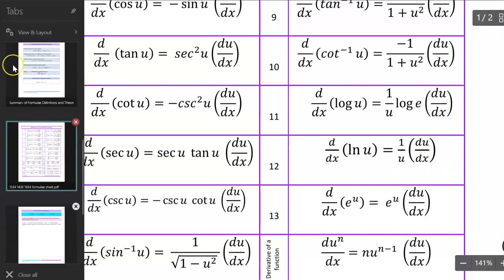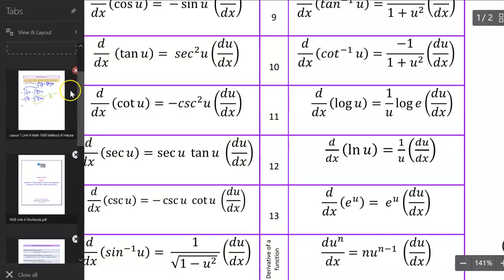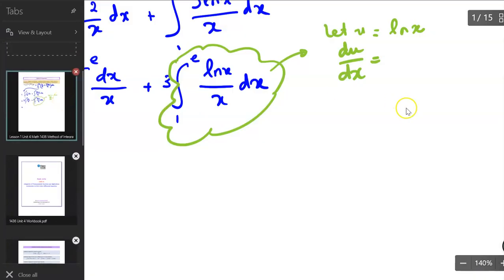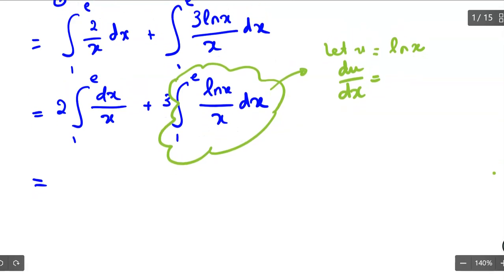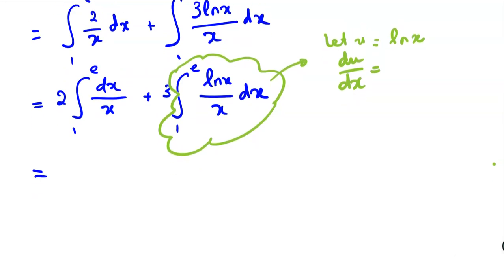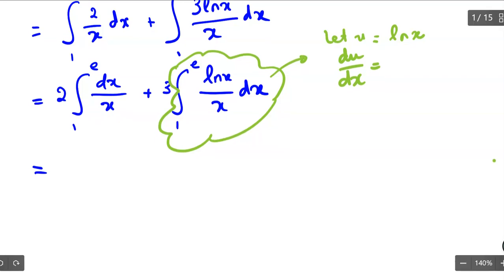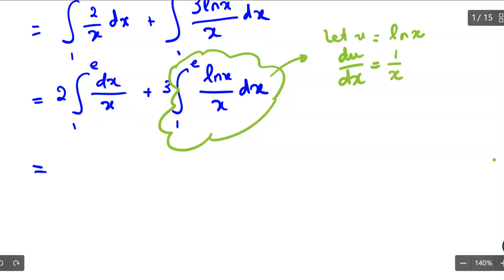Okay, so let's go back to our problem. So you see right here, what I have is u equal to ln x. du over dx will give me 1 over x. Okay, so I write 1 over x. So now, what you need to do is manipulate this equation.